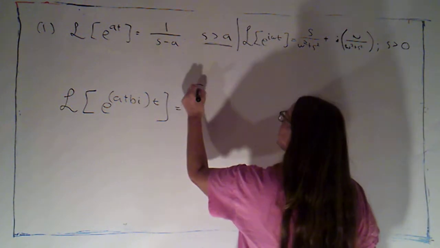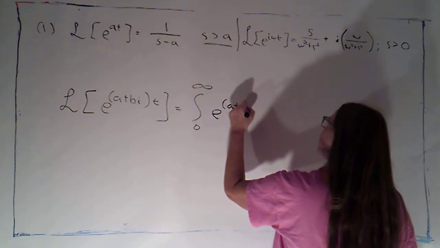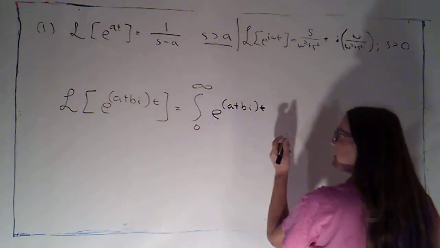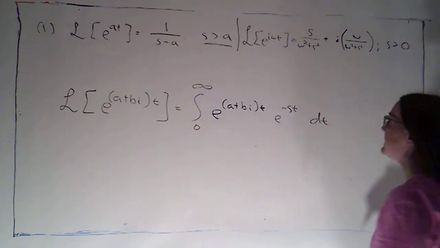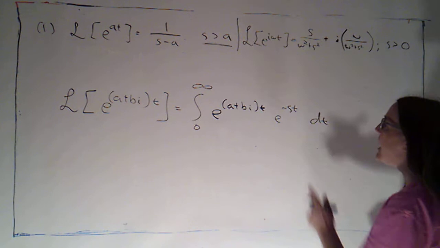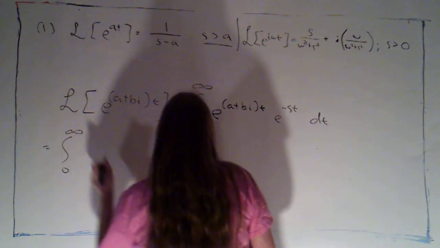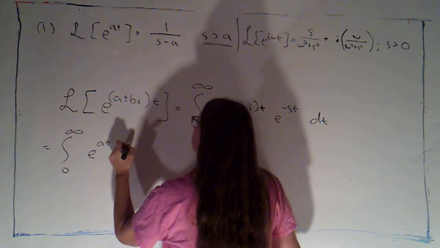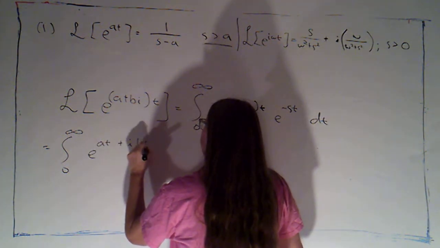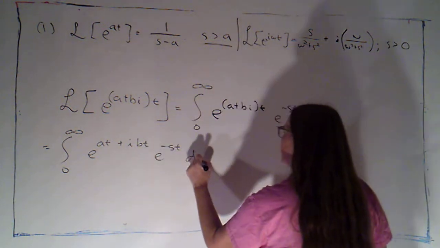So this is supposed to be the integral from 0 to infinity of e to the (a plus bi) times t, e to the negative st dt. Okay. So that's the integral from 0 to infinity, e to the at plus, I'm just going to put the i first, i times bt, times e to the negative st dt.